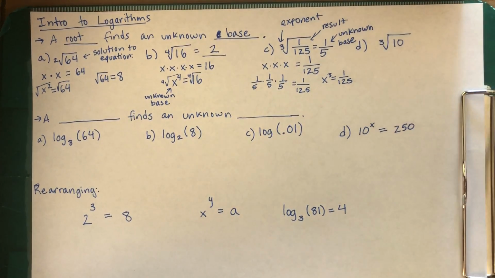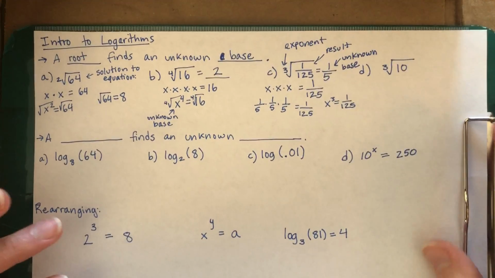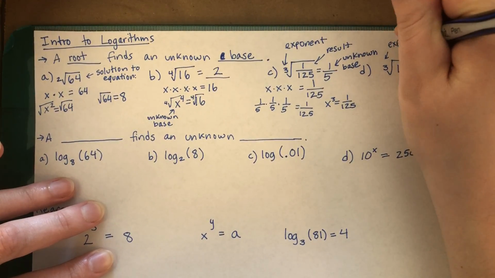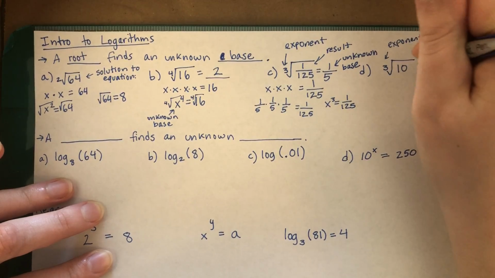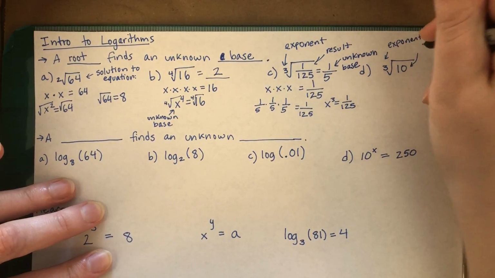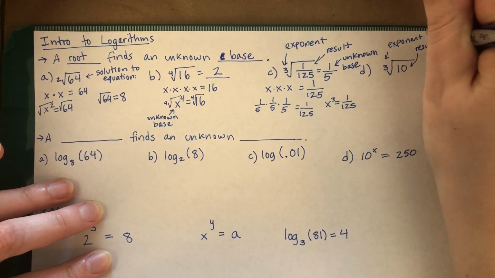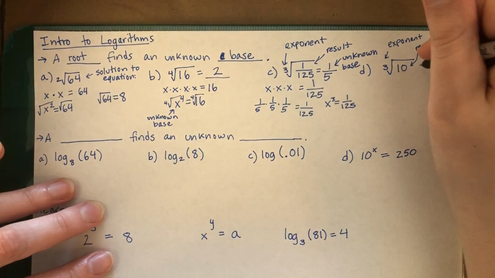So let's look at this one. This number here is going to be our exponent. This number here is our sort of result of the exponent.